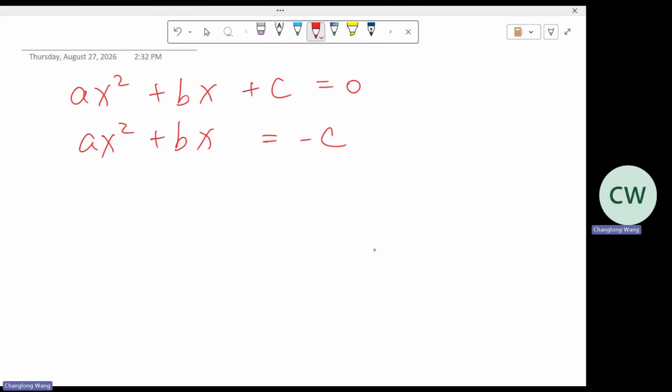Now that little trick of adding half of the linear coefficient to complete a square will not work out if you have a non-trivial quadratic coefficient. But a is not necessarily 1. It could be 1, but most likely could be something else.